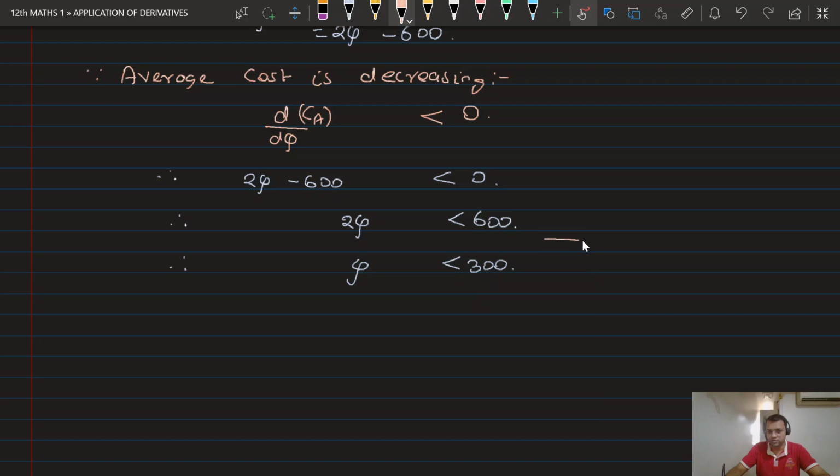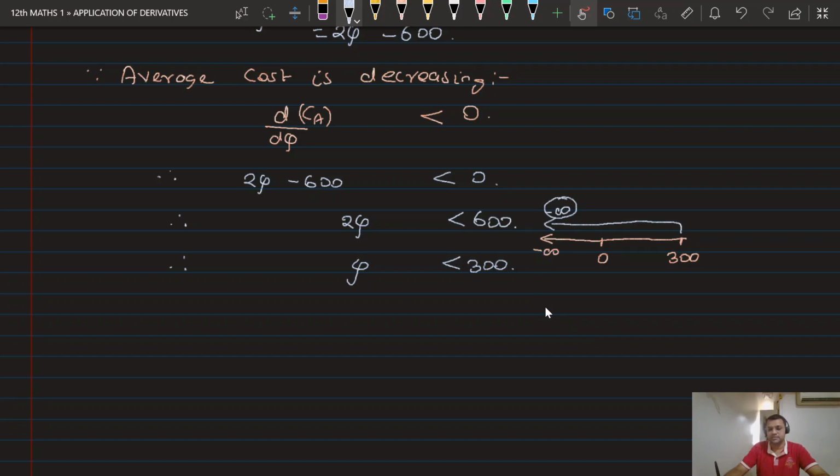Now one very important point that we need to remember over here, guys, I'll explain to you with the help of a small number line. Suppose I have a 0 somewhere over here, I have the value 300 over here, and obviously to the left it goes up till negative infinity. Now when I say that the quantity is less than 300, it will go to the left of 300 up till this.